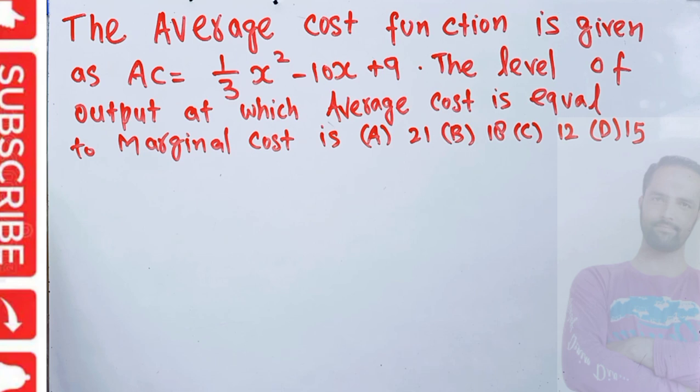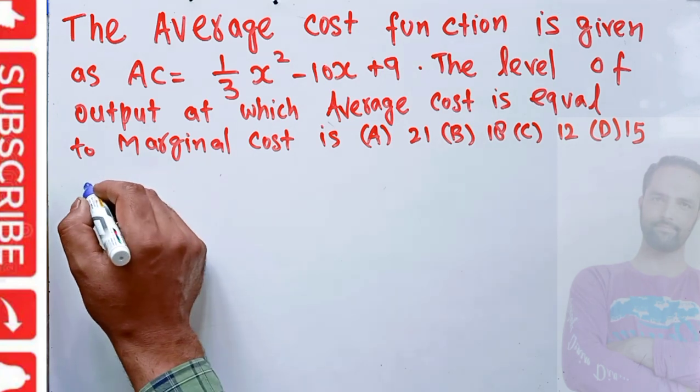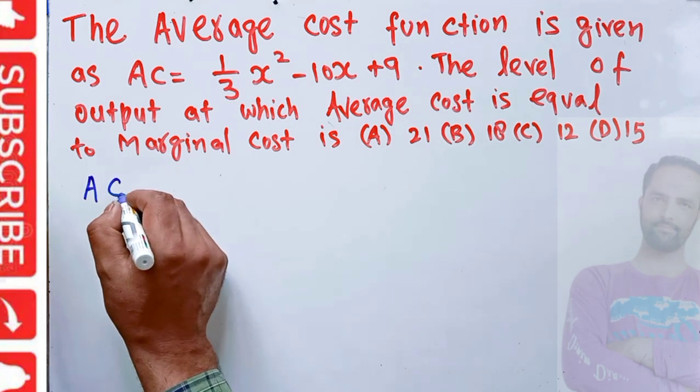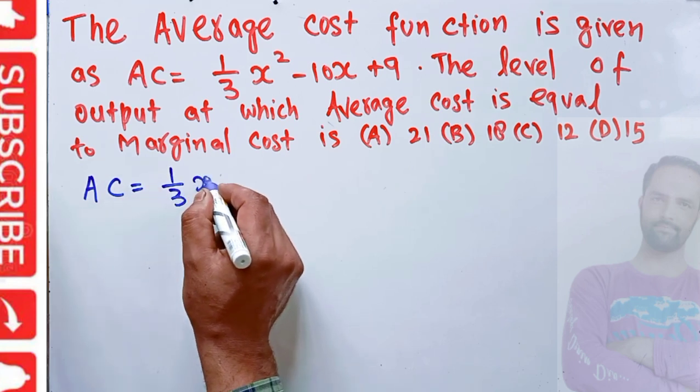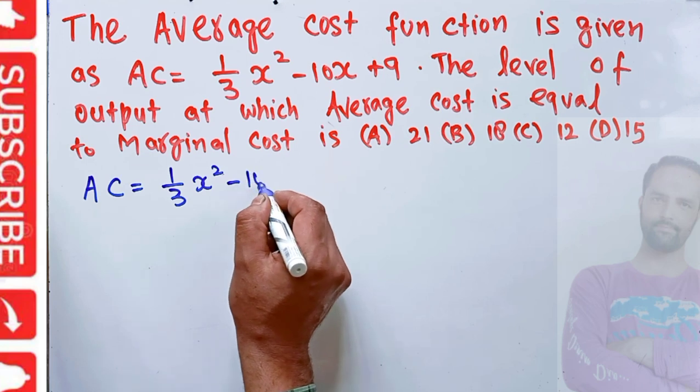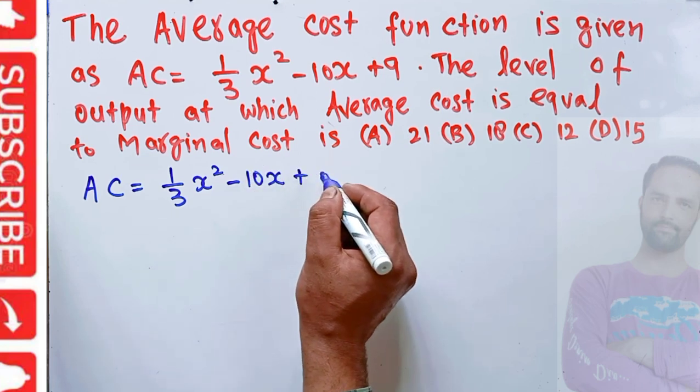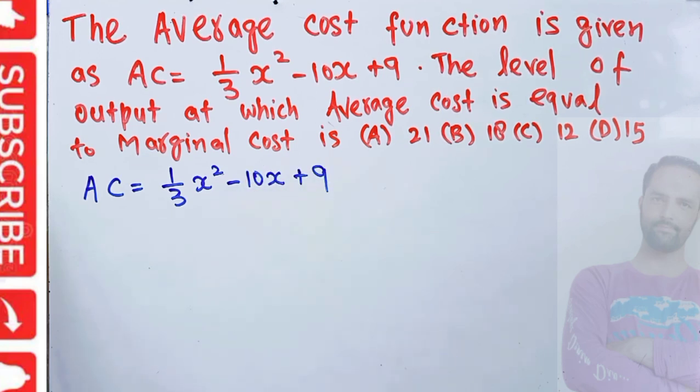First, let us say what we are being given. The average cost function is average cost equal to 1/3 x square minus 10x plus 9. This is our average cost function.